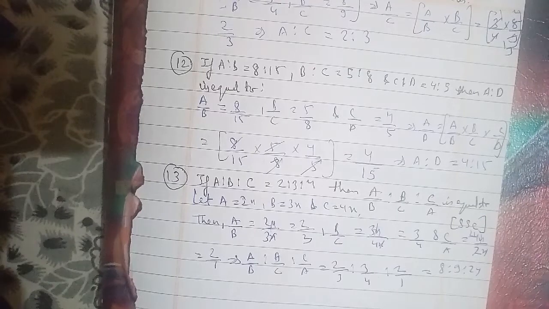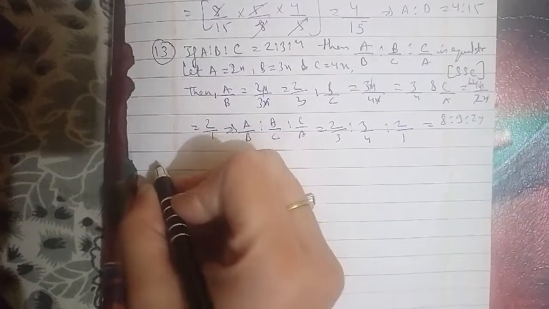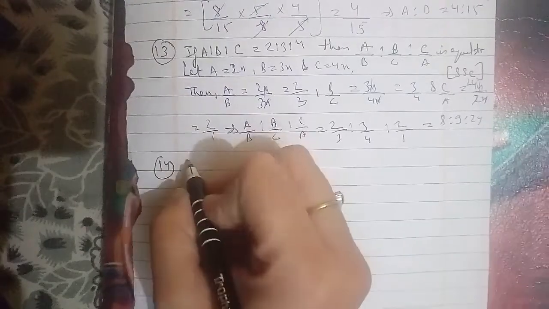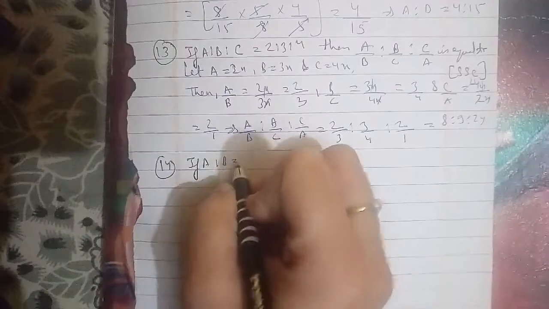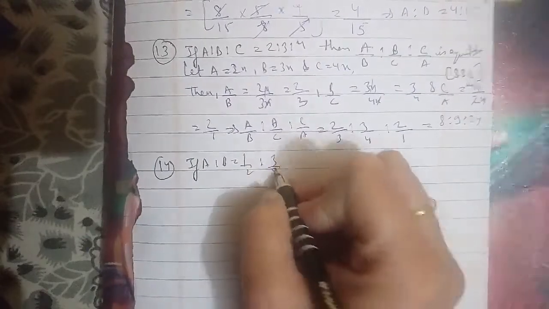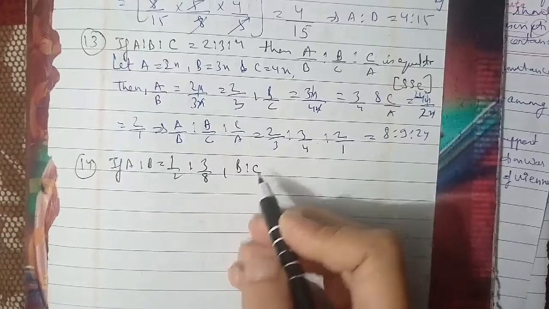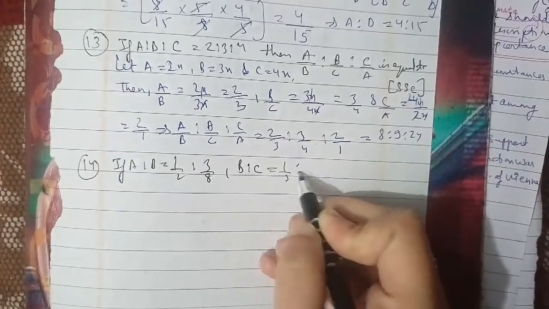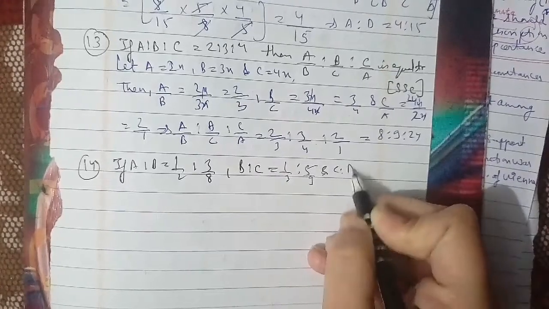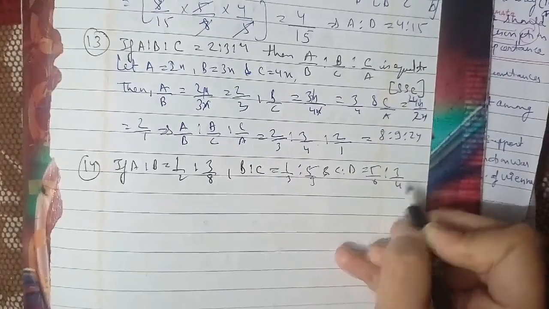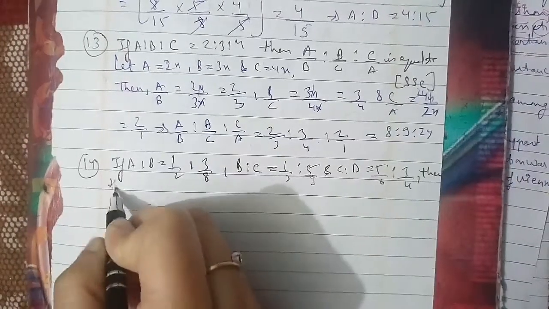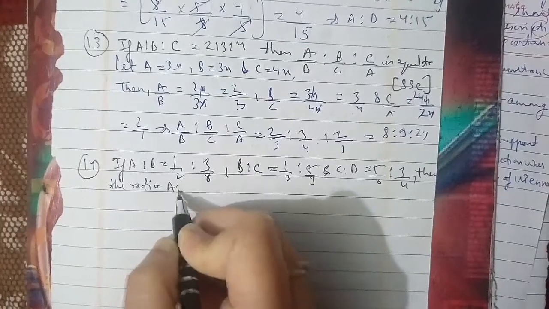If A ratio B equals 1 upon 2 ratio 3 upon 8, and B ratio C equals 1.3 ratio 5.9, and C ratio D equals 5.6 ratio 3.4, then what is the ratio A ratio B ratio C ratio D?